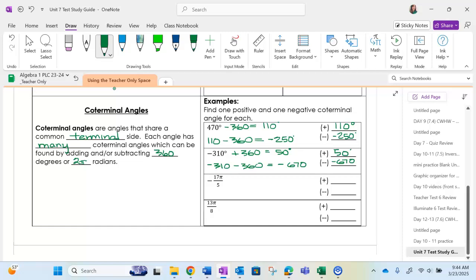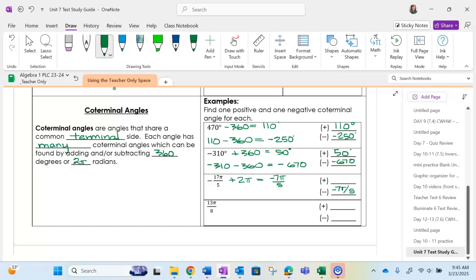All right, when I give you radians, we do 2 pi. So I'm going to add 2 pi, and when I add 2 pi, I get negative 7 pi over 5. Okay, that's my negative one. Let's subtract 2 pi.